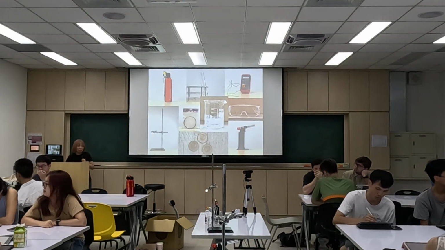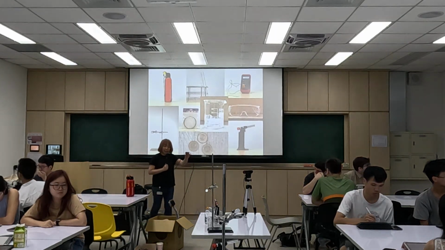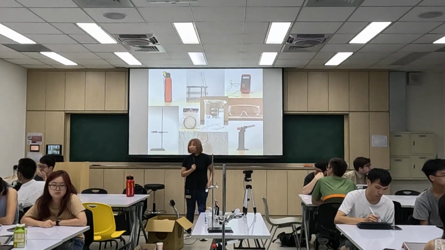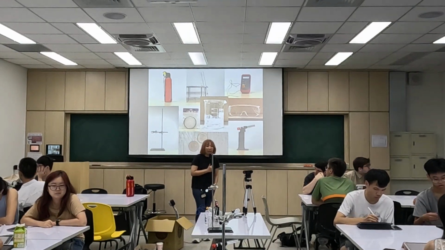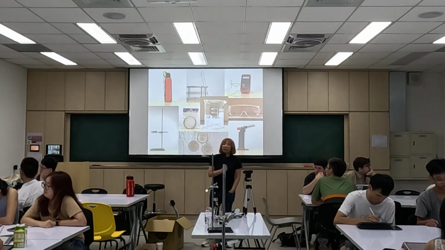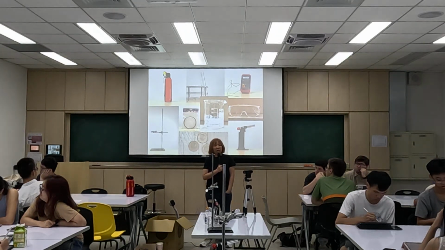Okay. So now you can see all the equipment in the middle of the classroom. Now you need to work with your classmates and use the equipment to design one experiment to prove the water is a poor heat conductor.